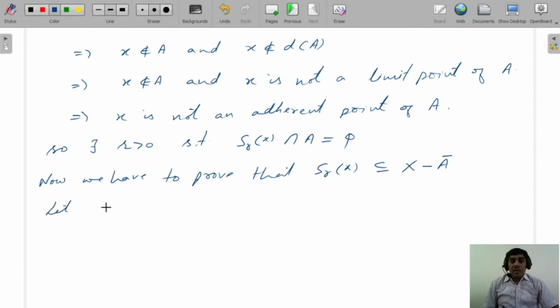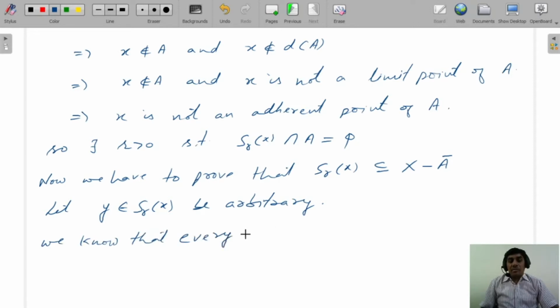Let y belong to S_r(x) be arbitrary. We know that every open sphere in a metric space is always an open set.